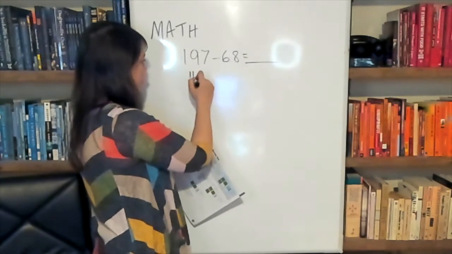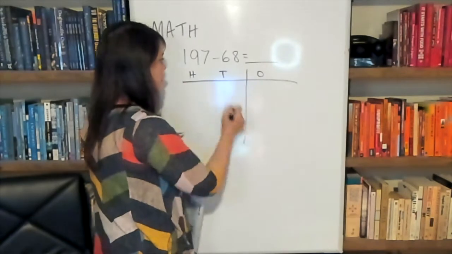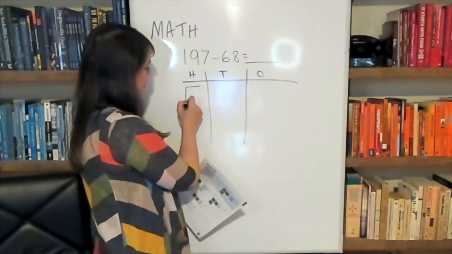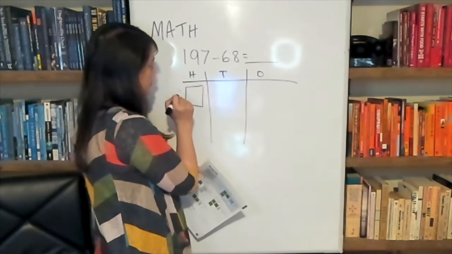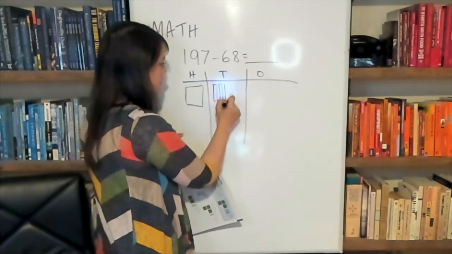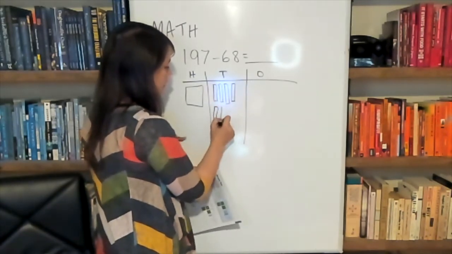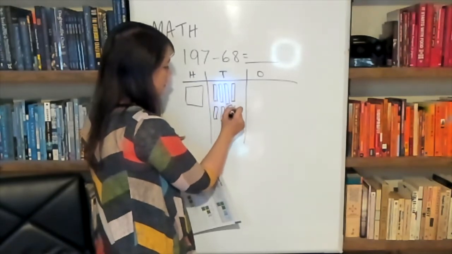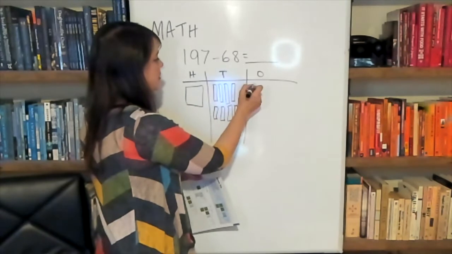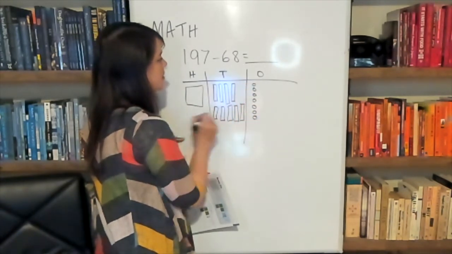And here they have the chart drawn, okay? So how many hundreds? We'll put it right here. 100. 9 tens, 5, 6, 7, 8, 9, and how many ones? 1, 2, 3, 4, 5, 6, 7.